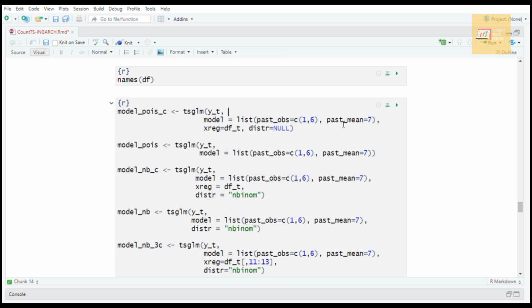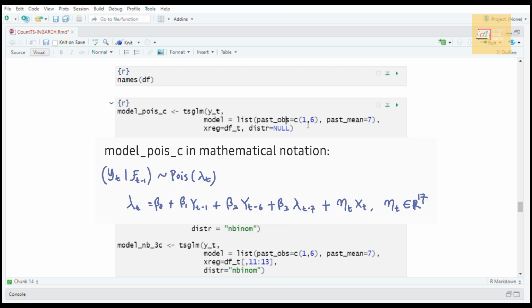And then the past mean uses the lags for the conditional mean, in other words the moving average part, or the third term in our equation there. For the past observations, I want to regress the value at time t on the first and sixth lag, so yt minus 1 and yt minus 6. While for the past conditional mean, I want to use the seventh lag, so lambda t minus 7.